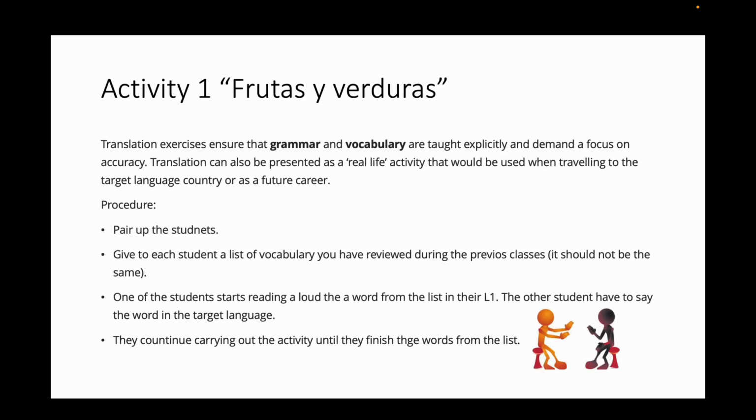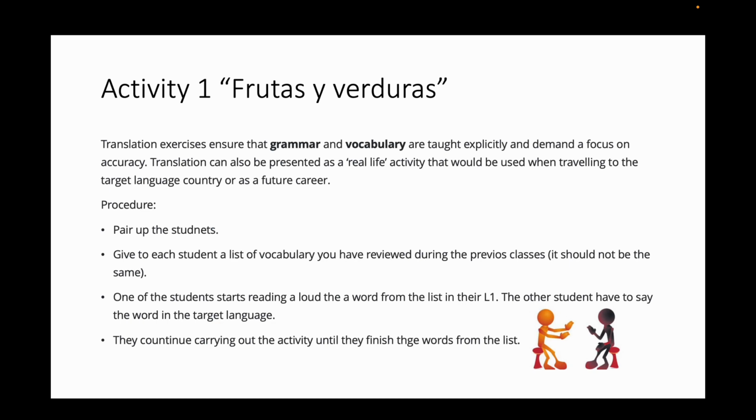Okay, well, the first activity that I'm going to share with you is one that I use with my secondary students. I call it frutas y verduras because I mainly use this while we are reviewing and learning some vocabulary. Translation exercises ensure that grammar and vocabulary are taught explicitly and demand a focus on accuracy. So that is something important.